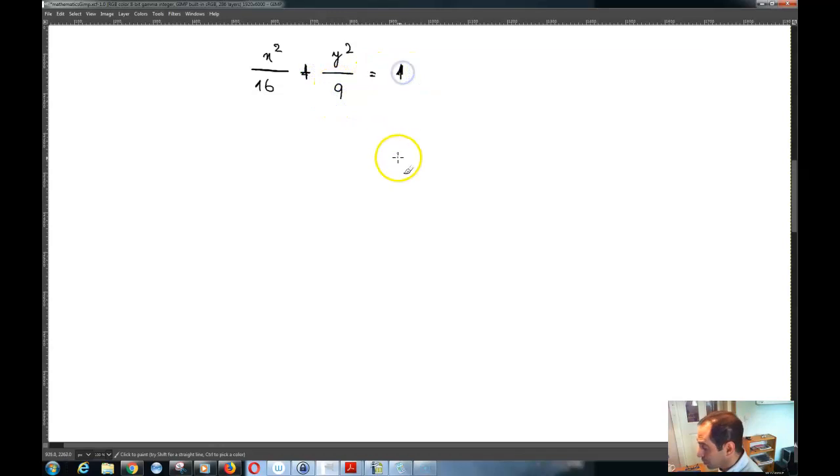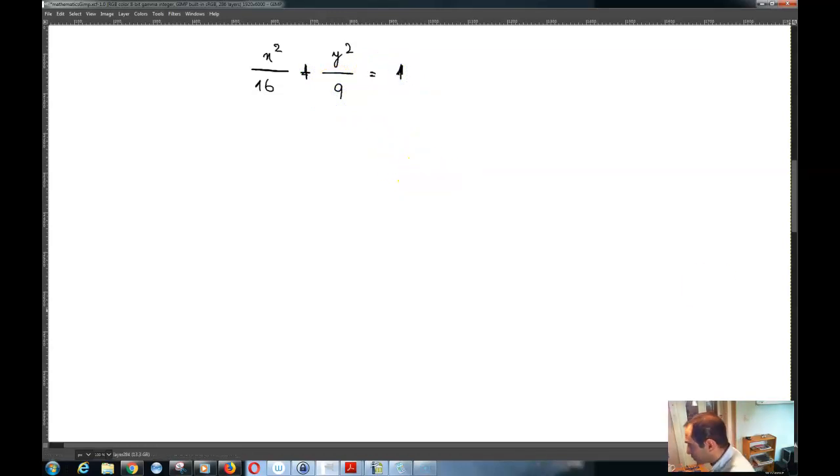Okay, so the next question is question number 3, where you have an ellipse x squared over 16 plus y squared over 9 is equal to 1.